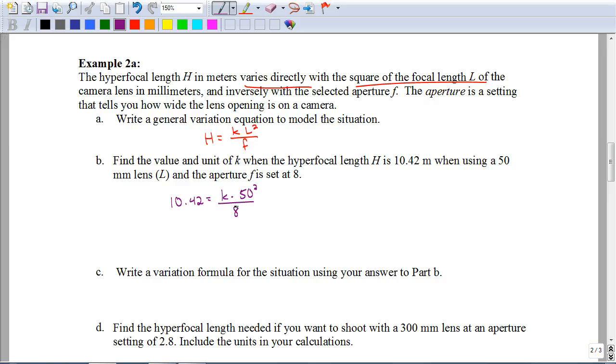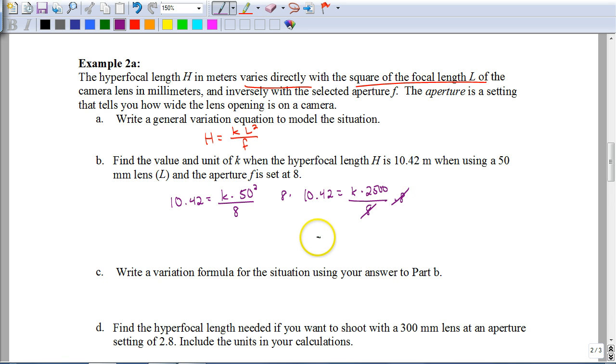So now to find out what k is, we're going to have to do the math. One thing we could do is simplify the numerator. That's going to be 10.42 equals 50 squared, which is 2,500. Multiply both sides by 8, so I can get the right side without a fraction.